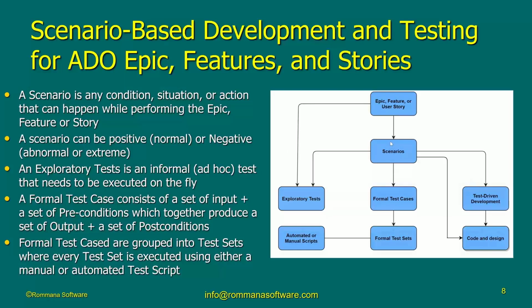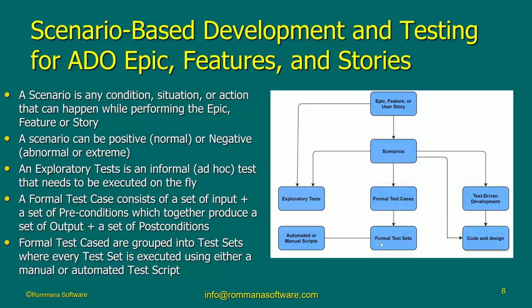Once you build your scenarios, positive or negative, you start doing a number of things. You can take each scenario and start building formal test cases, and you can group those test cases into test sets. Each test set consists of a number of test cases.